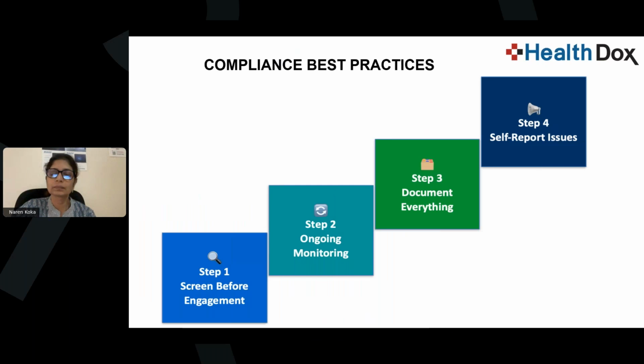Then immediately when you come across it, you should do the self-disclosure. There is a link, which I will share at the end of this presentation, where you can go and do the self-disclosure on the OIG portal, so that it shows the OIG and the regulators that the organization takes compliance seriously.